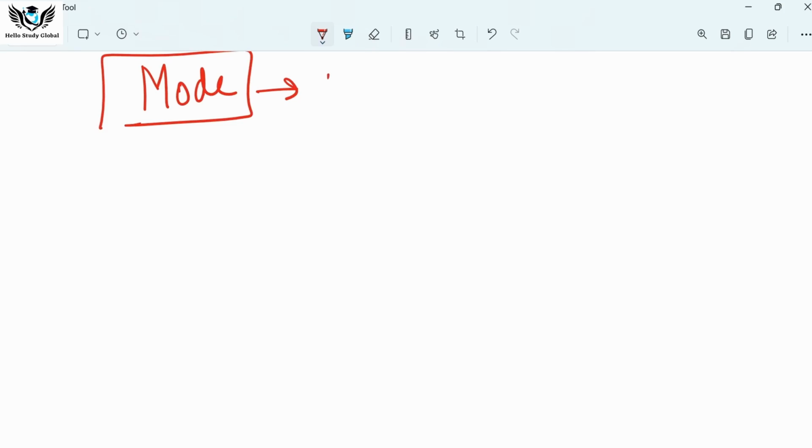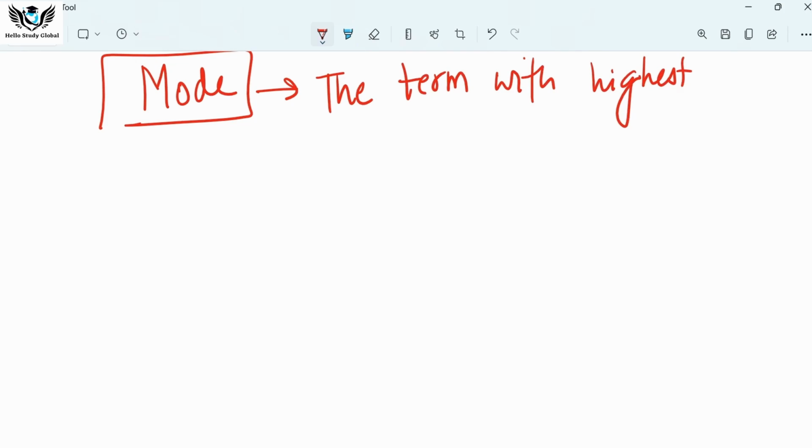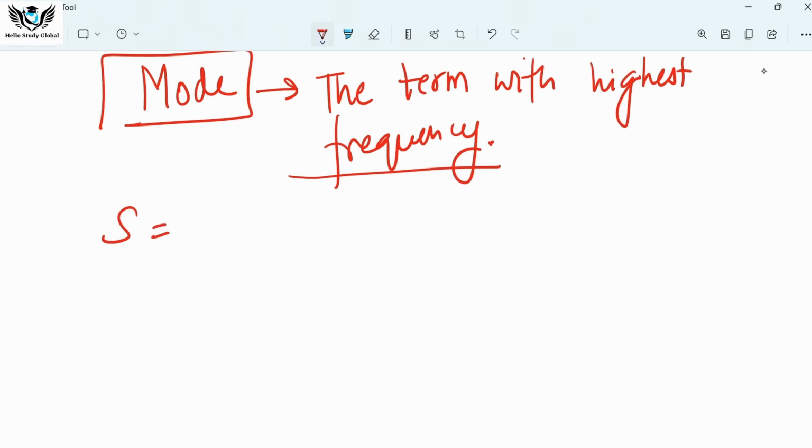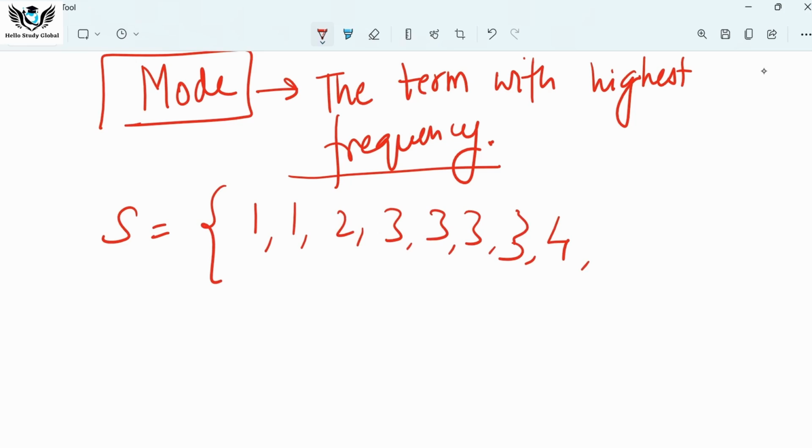Mode is the term with the highest frequency. Frequency is the number of occurrences of something. Let's say there is a set with values 1, 1, 2, 3, 3, 3, 3, 4, 5.